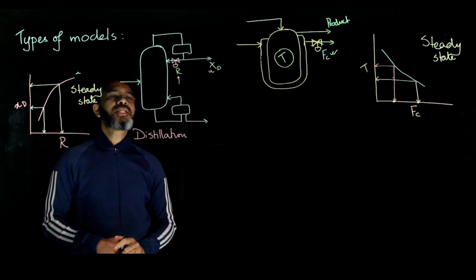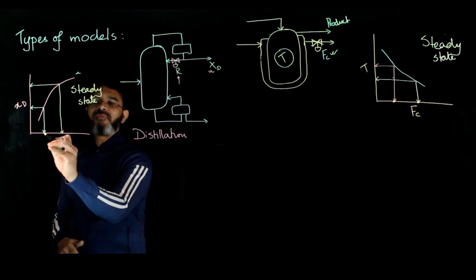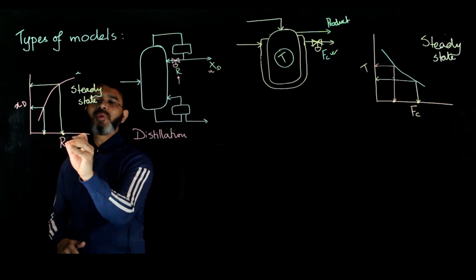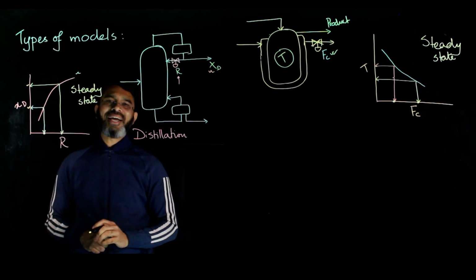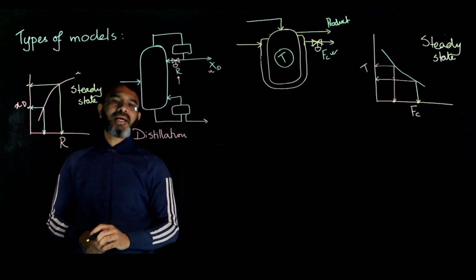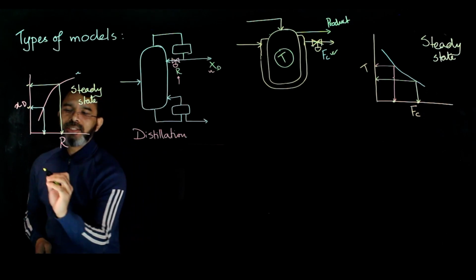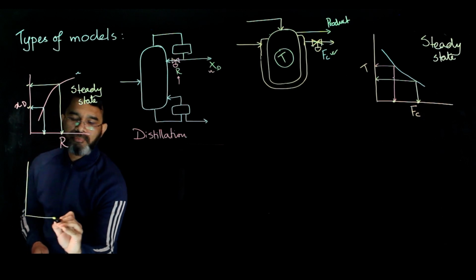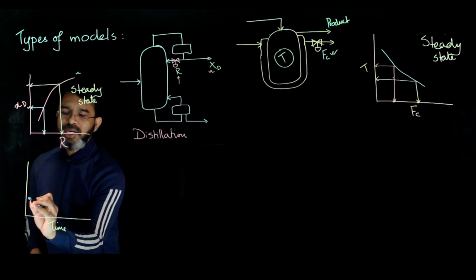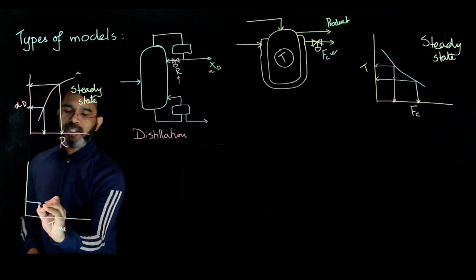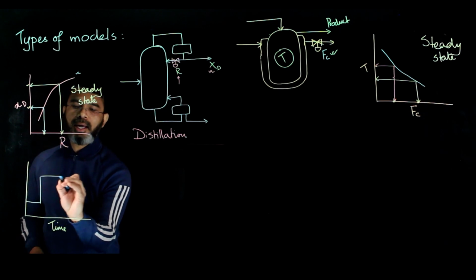Now the other type of relation that you may want to get is, if you change the reflux rate from one value to another, how the top composition is going to change, how fast it is going to change, what will be the path for going from one value to the other. So what we're trying to get here is that with time, you change the reflux flow, initially it was at one value, and you make a change to another value.